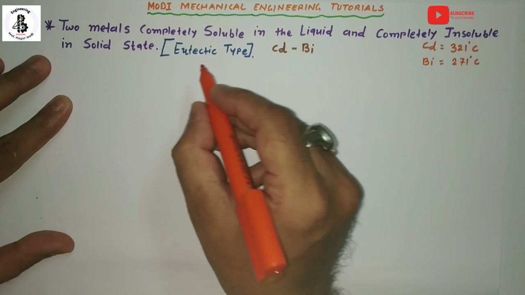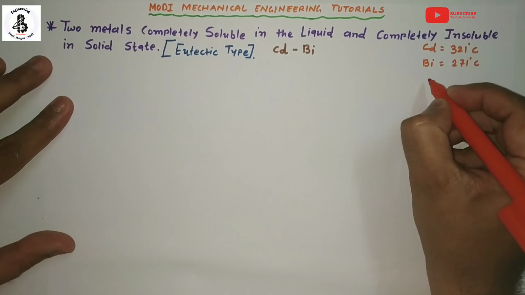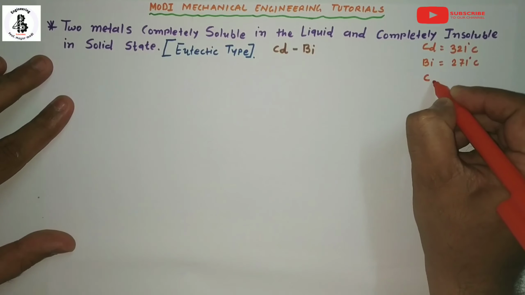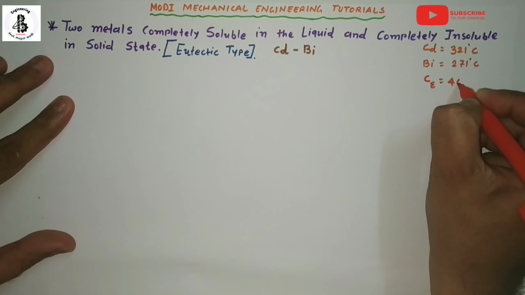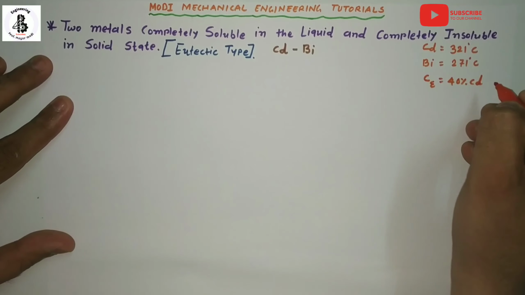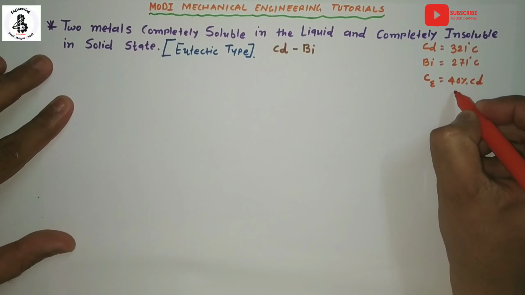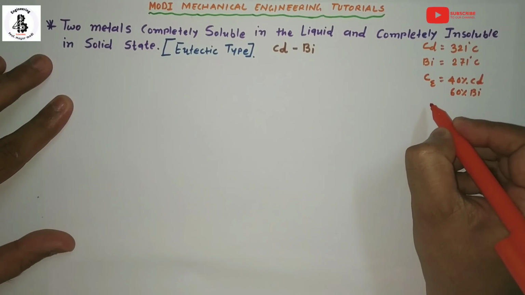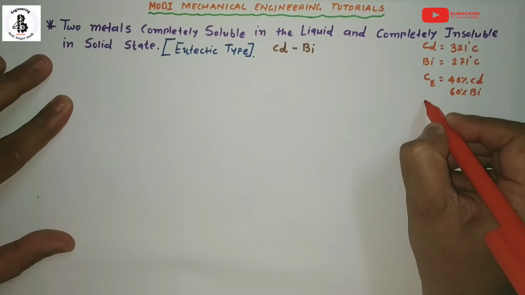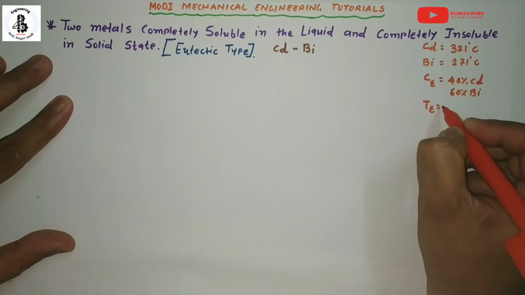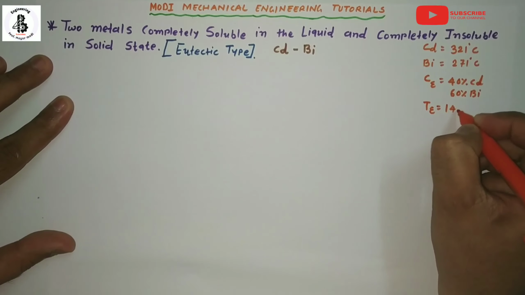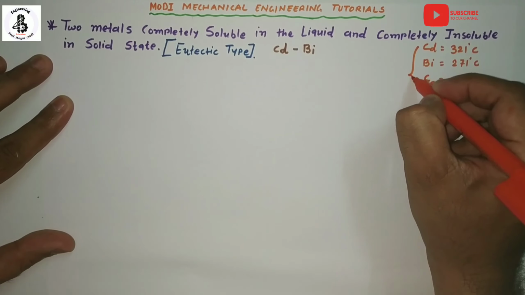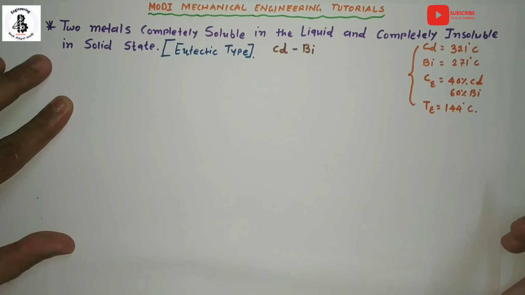For the eutectic type of transformation, the eutectic composition will be 40% of Cd, or cadmium, and 60% of bismuth. And the eutectic temperature will be around 144 degrees centigrade. So these are the conditions for the eutectic transformation.